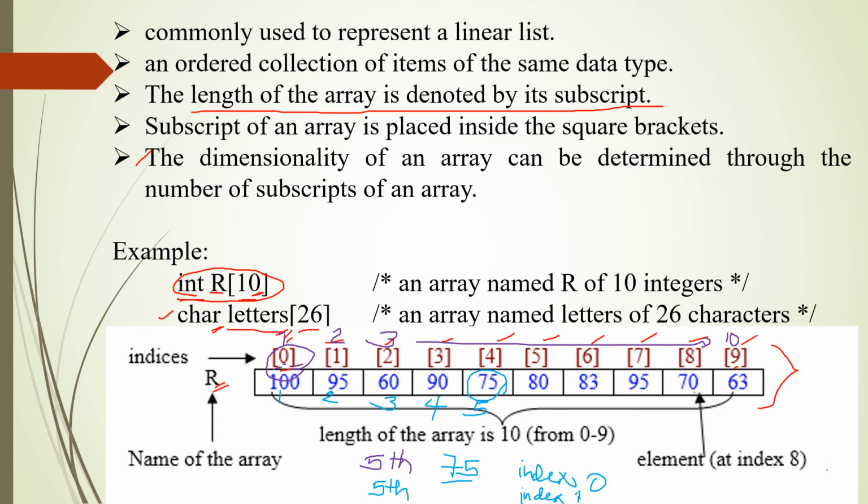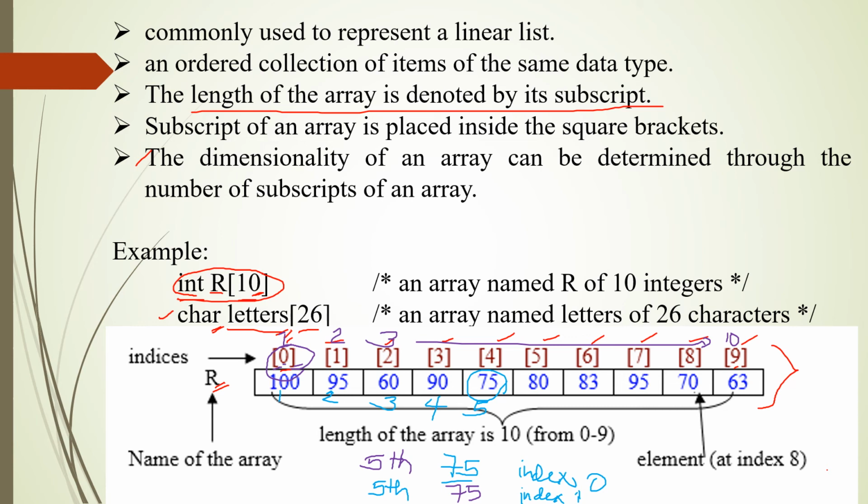Very good. The fifth element, if the starting index is 1, will still be 75.